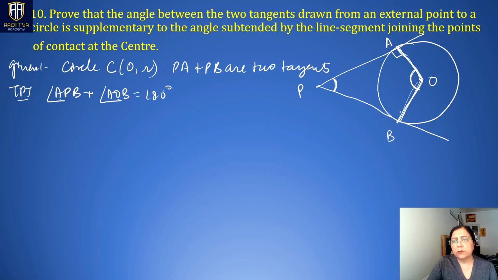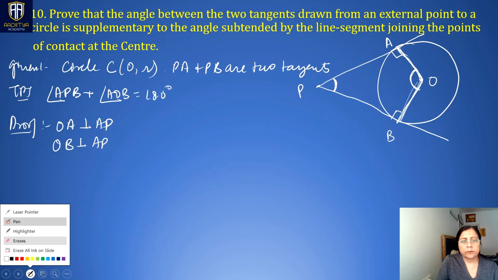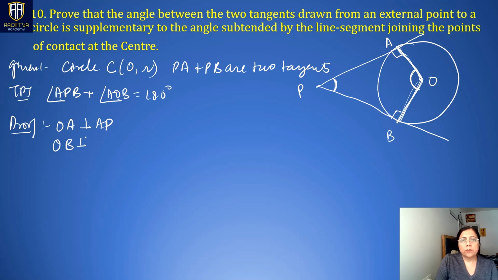What we can start with? These are the lines joining the point of contact to the center. Now what are they called? They are radius, right? So we start our proof here. OA is perpendicular to AP and similarly OB is perpendicular to PB.